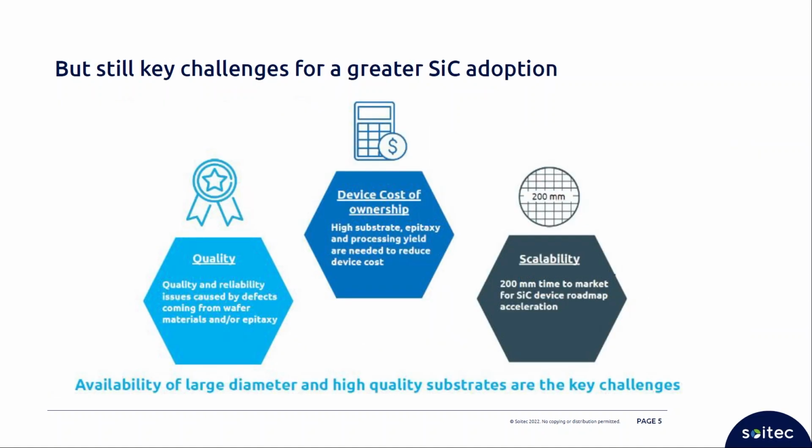We still have some challenge to facilitate the SiC adoptions. We need to take care of the quality and reliability. In SiC, we have some defects, impact the device yield. So at the end, the cost.